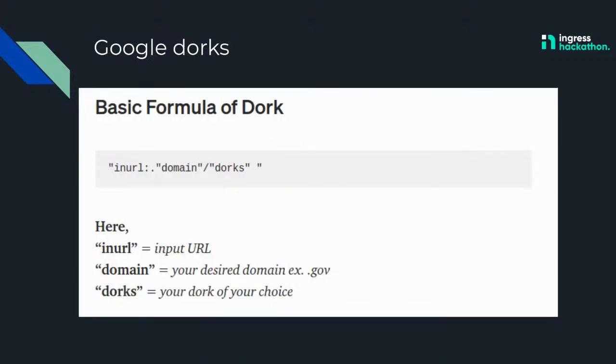The first one is Google Dorking. Google Dorking is a mechanism in which Google accepts search queries to retrieve or show some juicy information. This is the structure of a Google Dork: inurl, domain, and dorks. Inurl is a place where we keep the URL, and a domain is like .org or .gov, you can specify it according to yours.